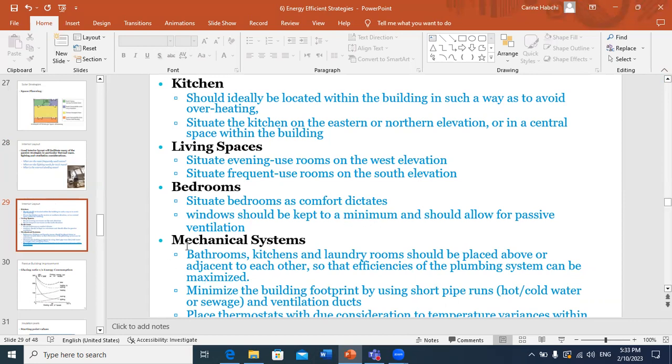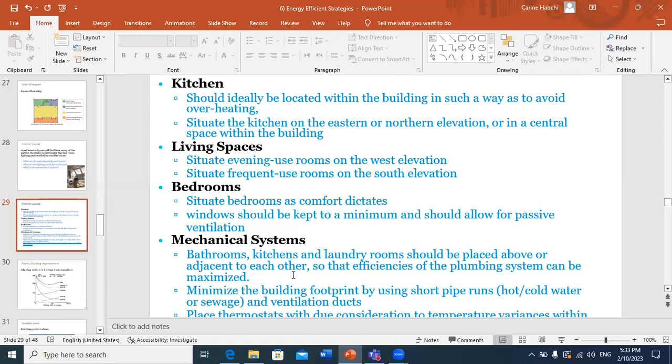Now, concerning mechanical systems, bathrooms, kitchens, and laundry rooms should be placed above or adjacent to each other so that efficiencies of the plumbing system can be maximized. You know that we need active systems in all of these parts. In bathrooms we have a lot of plumbing issues to put.